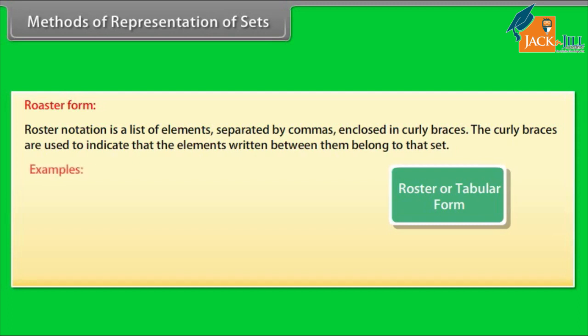Let's look at some examples of sets listed with roster notation. R = {a, e, i, o, u}.